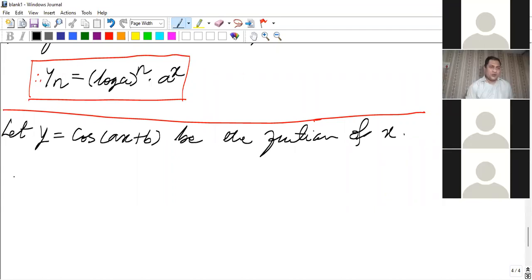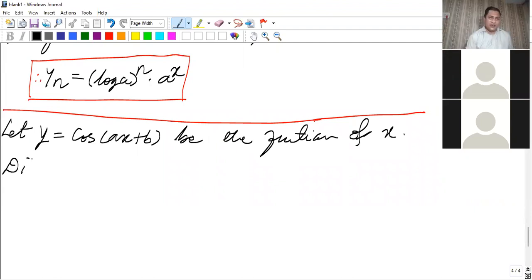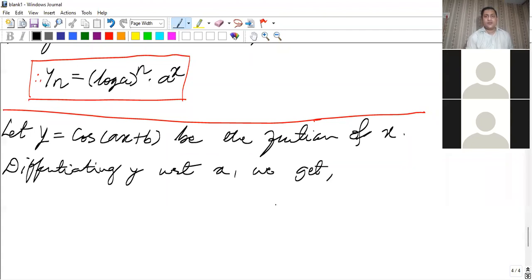Okay, so differentiating y with respect to x, we get y1 is equal to minus a sine of ax plus b.